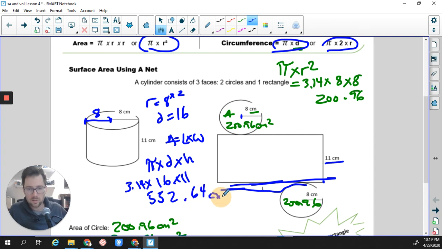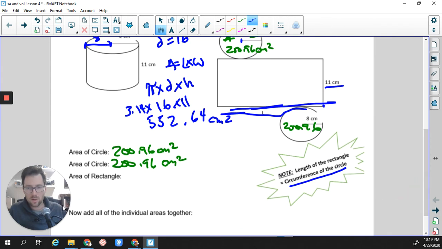552.64 centimeters squared. So I would bring that down here. 552.64 centimeters squared.